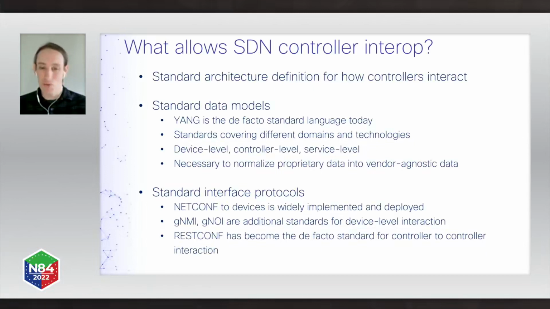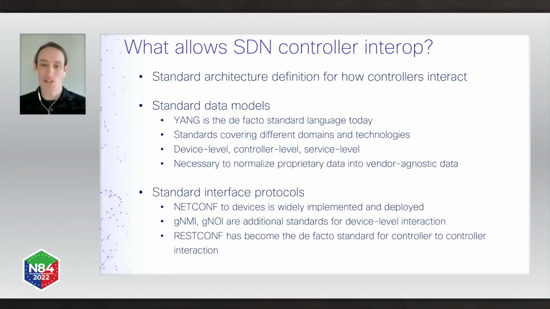And the thing that's really helped drive a lot of this is standard data models. YANG, I think most people are familiar with YANG at this point. It's the de facto standard of how we model data at the device level, the service level, even how we describe network topologies, and I'll show that in a bit.